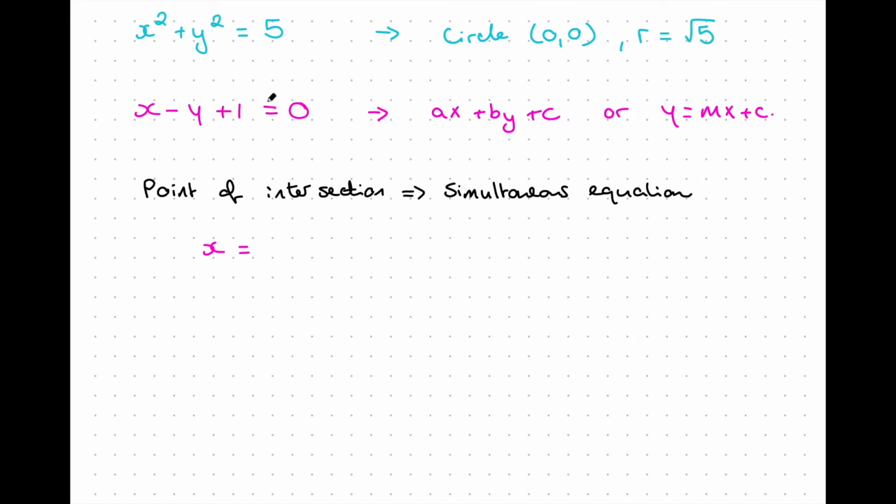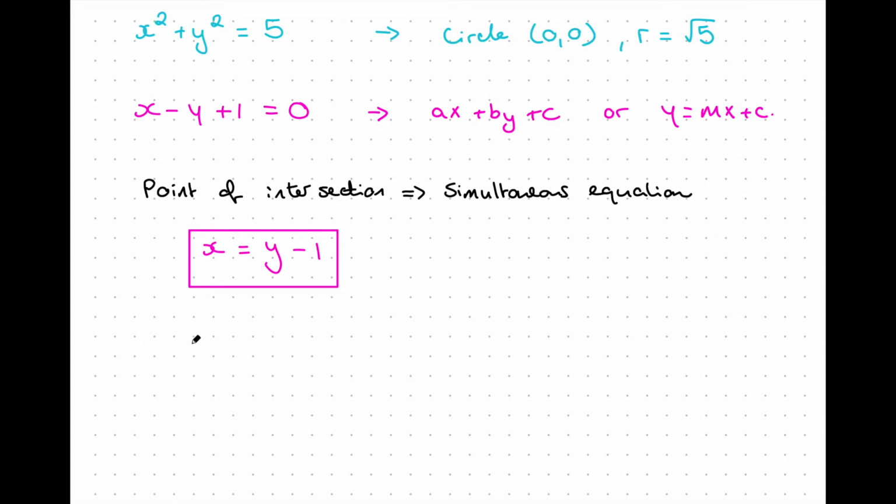You just pick one of them and you rearrange the equation. So if I'm to pick this one and rearrange it so that I've got x is equal to, I'm going to add y to both sides and I'm going to subtract 1 from both sides. And now I haven't changed the value of the equation itself. All I have done is rearranged it so that it's in a format that suits me better.